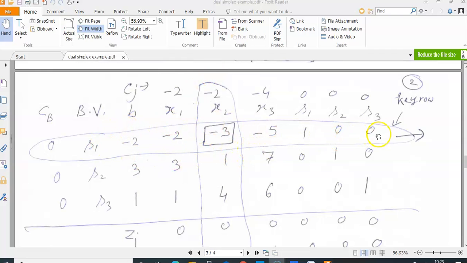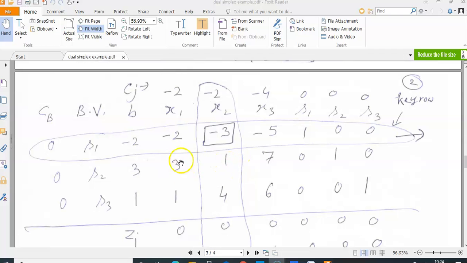After that, we change all the rows of the table by using the same technique. The new key row will be obtained by dividing all the elements of the key row by the key element. So divide all these by -3, and these are the old row two and old row three. The new row two and new row three can be obtained by using the formula: old row minus the element in front of the key element multiplied by the new key row.